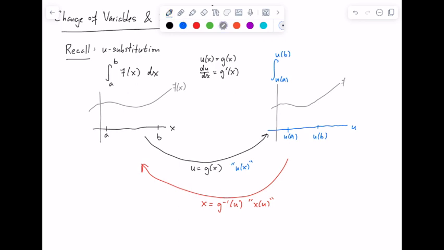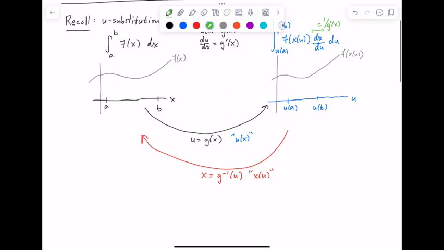The integrand also changes slightly. f is now written in terms of u, or in other words, we found the inverse x of u and plugged it into f. And we also have to multiply by a scaling factor, dx du, which in our situation also coincides with 1 over g prime of x, which is a usual situation that comes up in one variable integration.